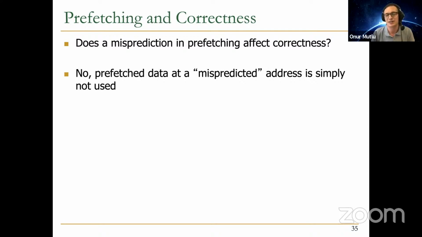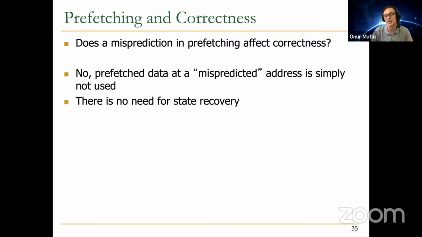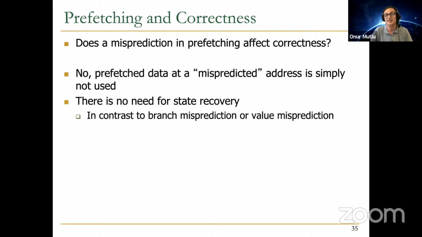As a result, you're not going to use that data. So there is no need for state recovery. So this is different from branch misprediction or value misprediction, for example, where you really need to recover the state if you mispredict a branch, because you have to roll back and go from the correct path again. So prefetching has that advantage, in fact.